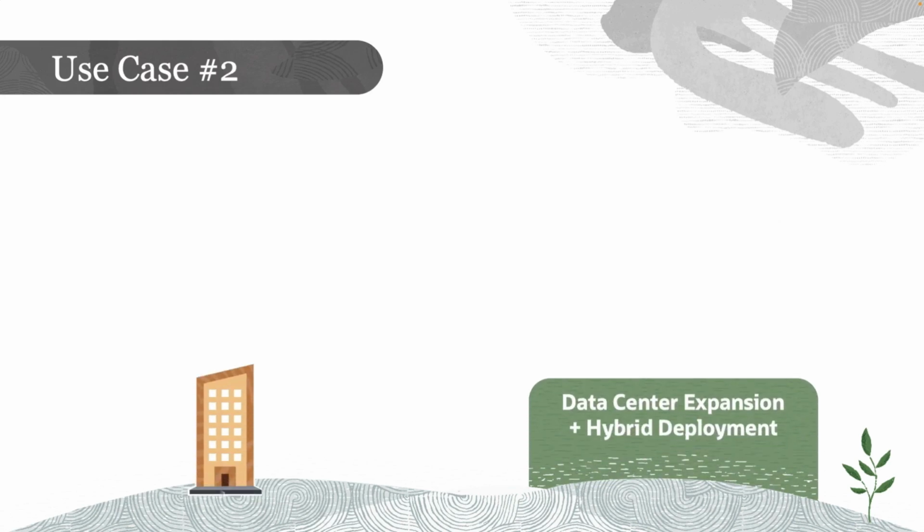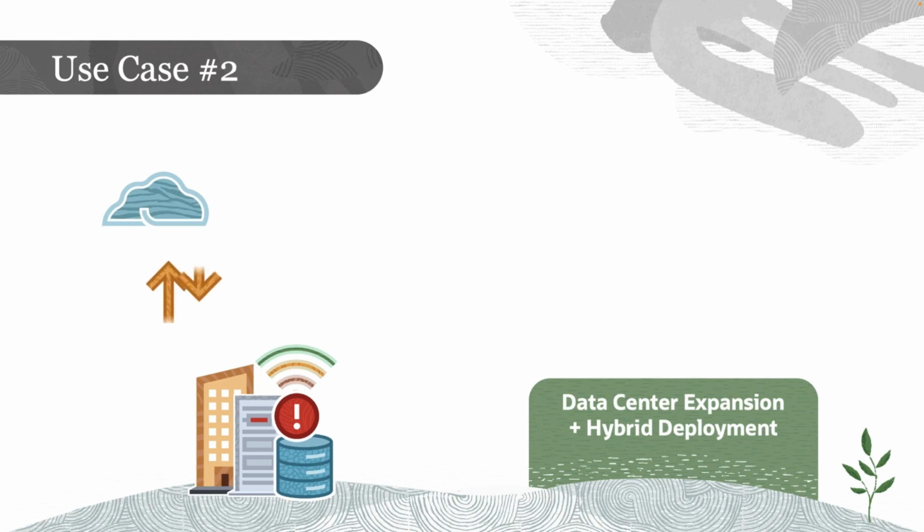The next use case is about data center expansion and a hybrid cloud deployment. In most cases, a customer might hit a scenario of running out of capacity. Capacity could mean network capacity, compute capacity, or even physical space in the data center.